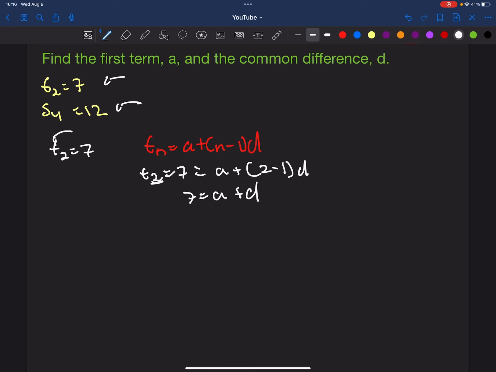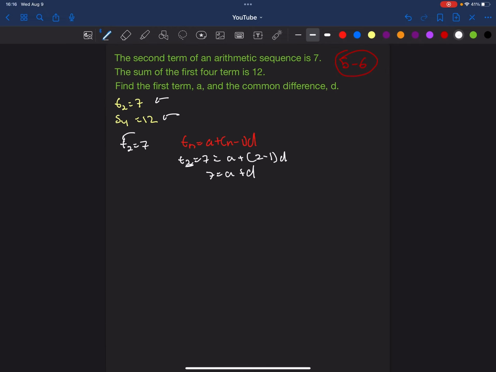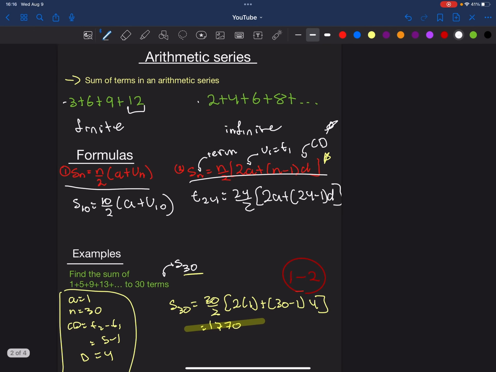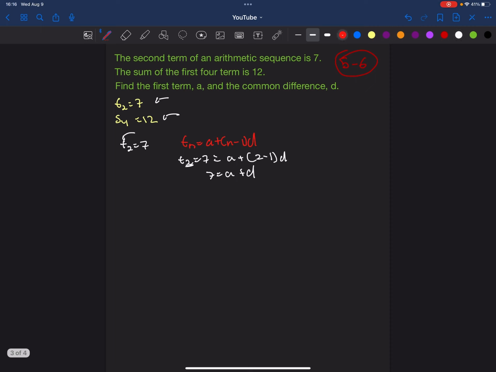Now we're going to do the same thing for the sum of the first 4 terms is equal to 12. But this time we're going to be using the series formulas, right? So one of these formulas. Now I'm going to be using the second formula. So it's going to be Sn is equal to n divided by 2 times 2a plus n minus 1 times d.